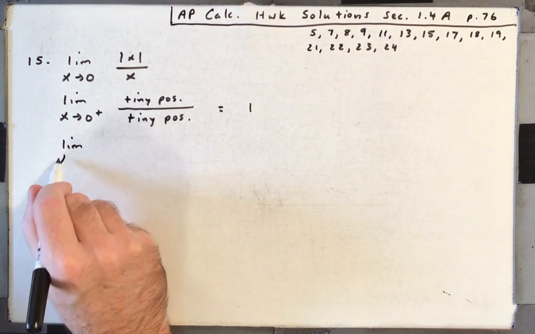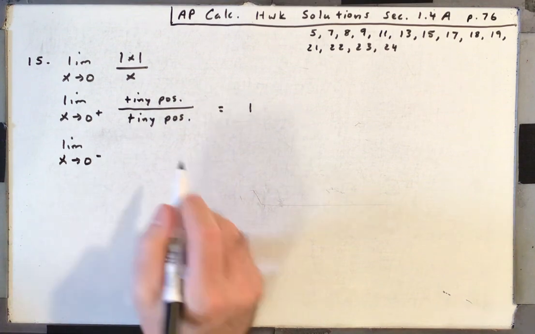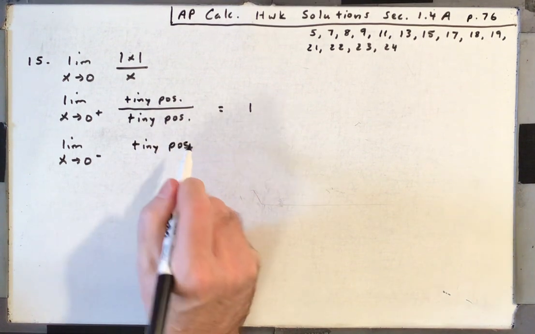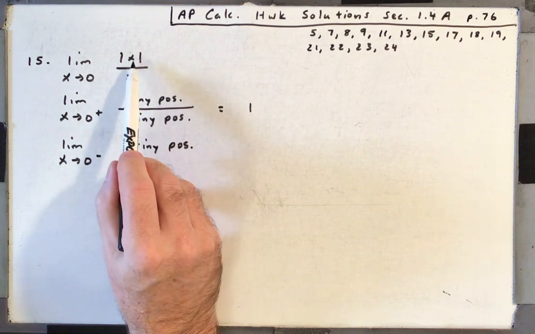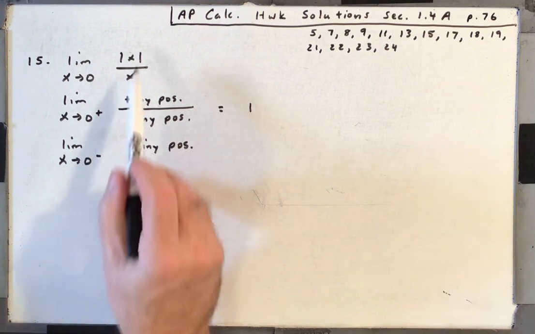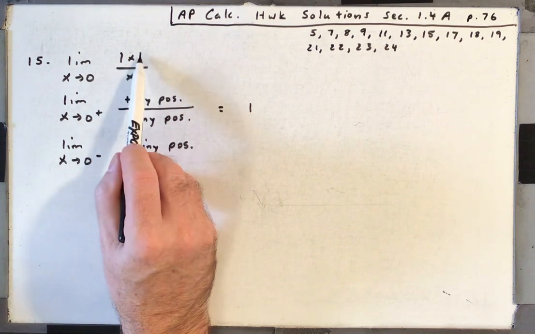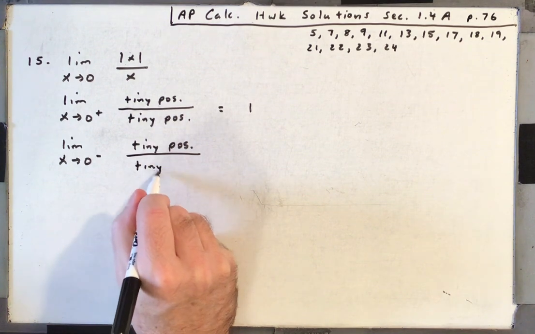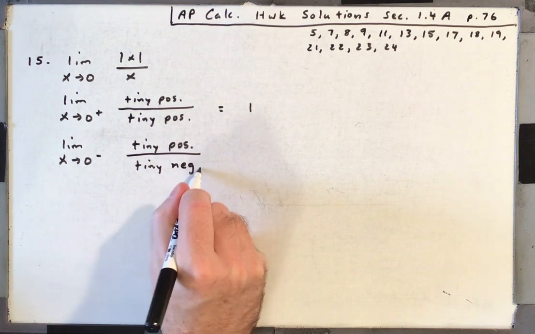From the left, on top it would be a tiny positive, because if we say negative 0.001, that'd be a little bit to the left of 0, negative 0.001, but when you take the absolute value, it's going to be positive. But on the bottom, it would be a tiny negative number.